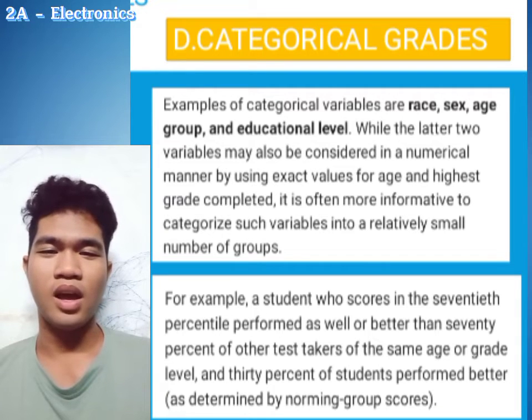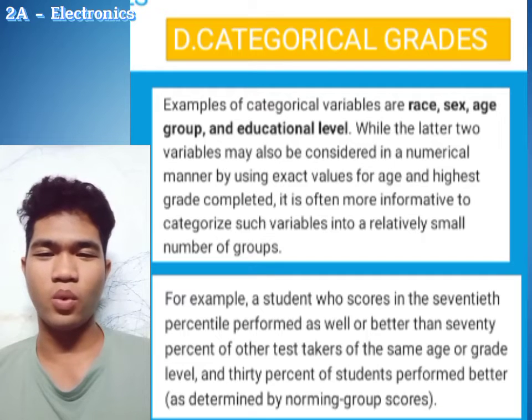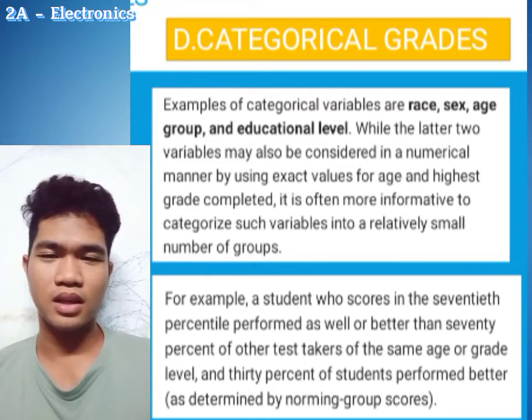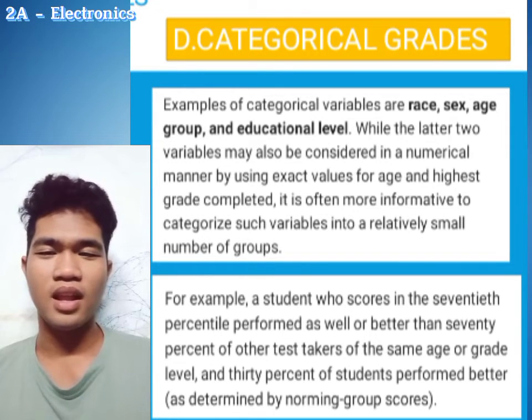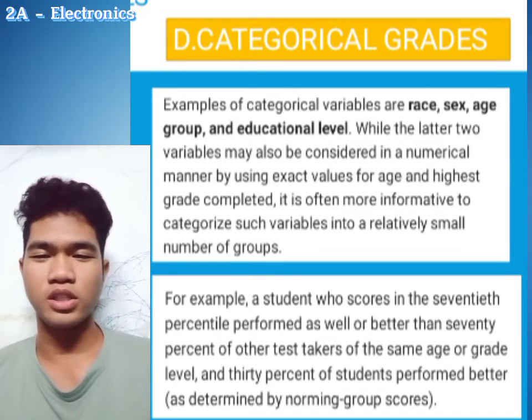For example, a student who scores in the 70th percentile performed as well or better than 70% of other students of the same age or grade level, and 30% of students perform better as determined by norming group scores.